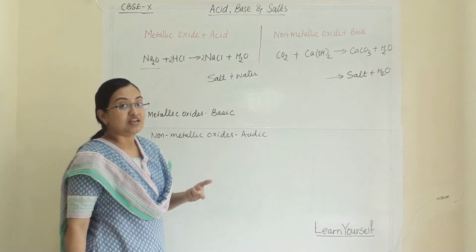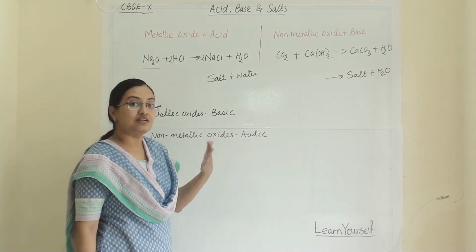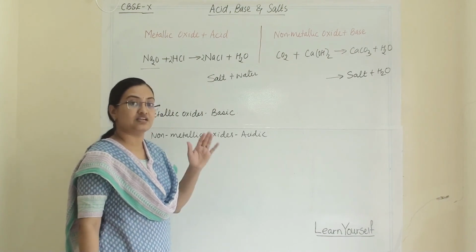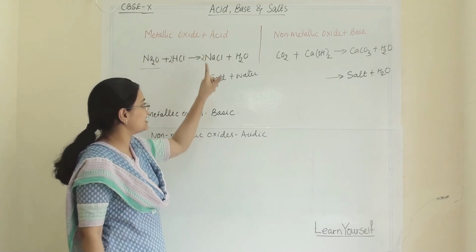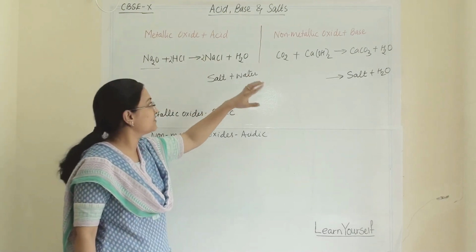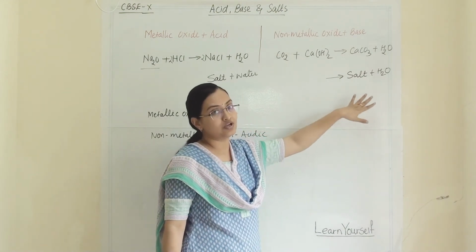Similarly, as we studied in neutralization reaction, they are nullifying each other's effect. Here also we can see that when metallic oxide reacts with acid, we will get salt plus water. When non-metallic oxide reacts with base, we will get salt plus water.